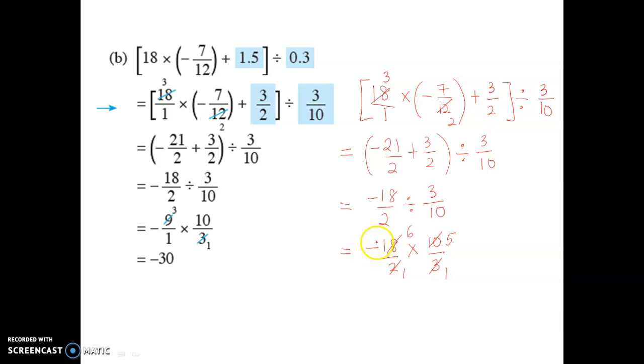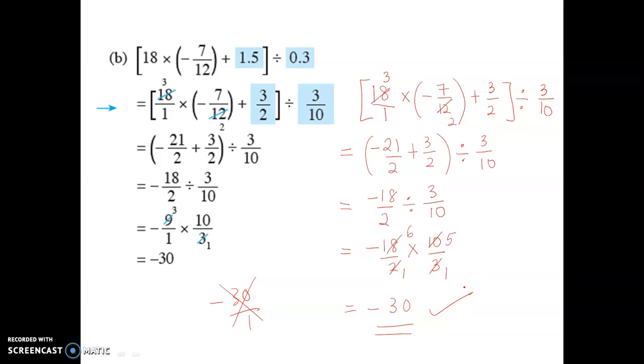This one negative times positive, your answer will be negative. And then 6 times 5, you get 30. This one 1 times 1, you get 1. No need to write 30 over 1. Just write negative 30 now. This one will be your answer.